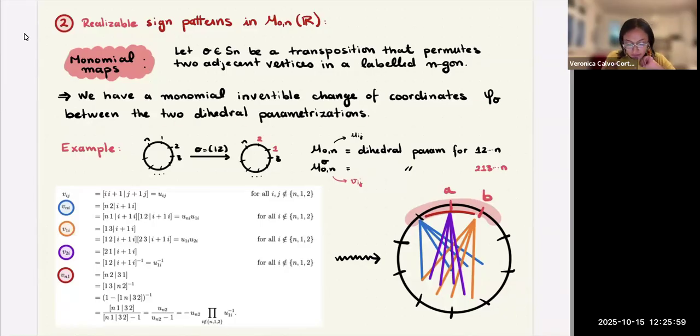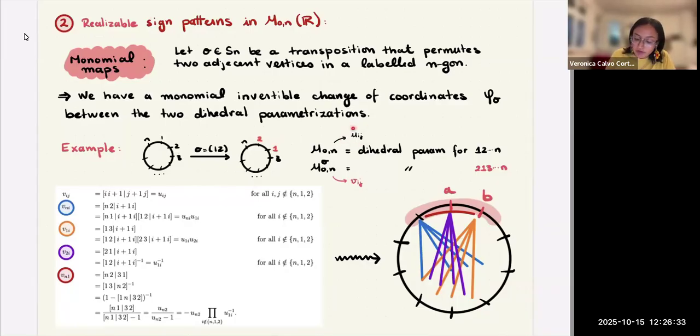What do I mean? Let me give you an example, which is the easiest way to understand this. Let me assume that I am starting with the standard or identity dihedral ordering, where I take 1, 2, 3, all the way up to n. And now I want to swap 1 and 2. I want to go from the dihedral parametrization that corresponds to this n-gon to the one that corresponds to this n-gon. For this, I can actually use the cross-ratio relations.